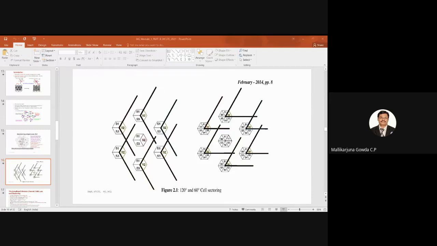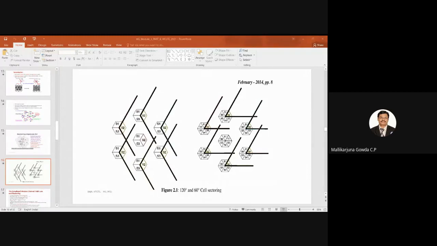Similarly, I have also shown 60-degree sectoring here. Just try to understand: with 60-degree sectoring, what is the improvement? Is it the same as 120-degree, or less, or still better?